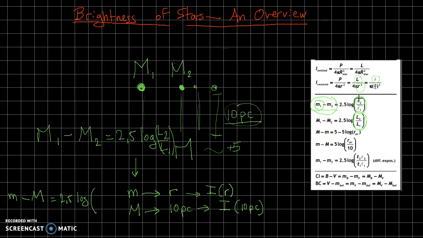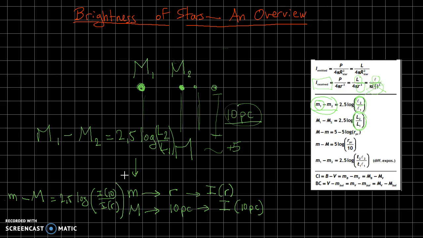So L2. Now L2 and L1 are not the same thing as I, but they are proportional. And of course they depend on the size of the observer. But if they are observed by the same instrument, then this part will cancel out if you take the ratio, and you will end up with the ratio of intensities. So basically, this is the ratio between the intensity at 10 parsec and the intensity at a distance r.